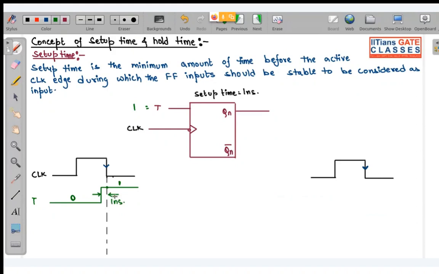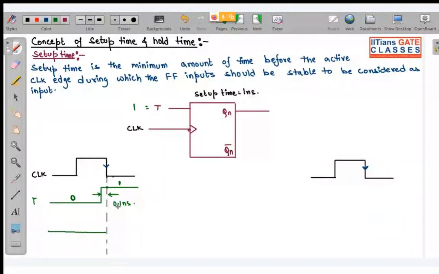If it has been applied 1 nanosecond before the clock edge, then you will consider that this flip-flop has input 1, or else you cannot. If instead of 1 nanosecond this was 0.1 nanosecond, then even though at this active edge you have your input as 1, this flip-flop is not going to toggle.